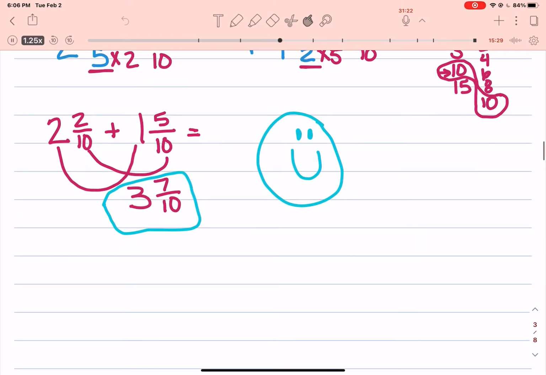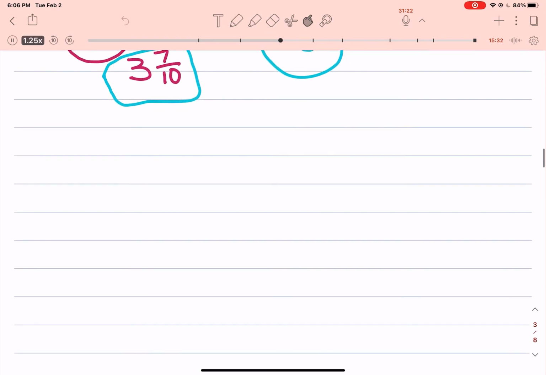So let's try another one. Let's try, I have to sneeze, hang on. Let's try 2 4/5 plus 1 1/2. 2 4/5. And then let's leave some space. 1 1/2. Okay.